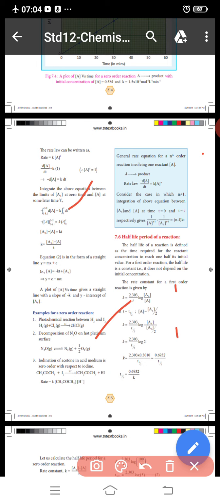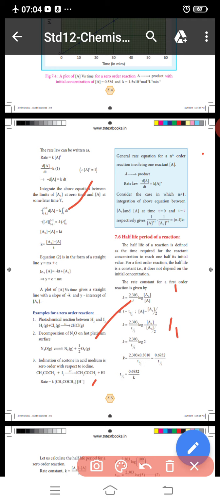And then the iodination of acetone in acid medium is zero order with respect to iodine: CH3COCH3 and I2 react to give CH3COCH2I plus hydrogen iodide. The rate is k times CH3COCH3 times H plus. These are the zero order reaction examples.